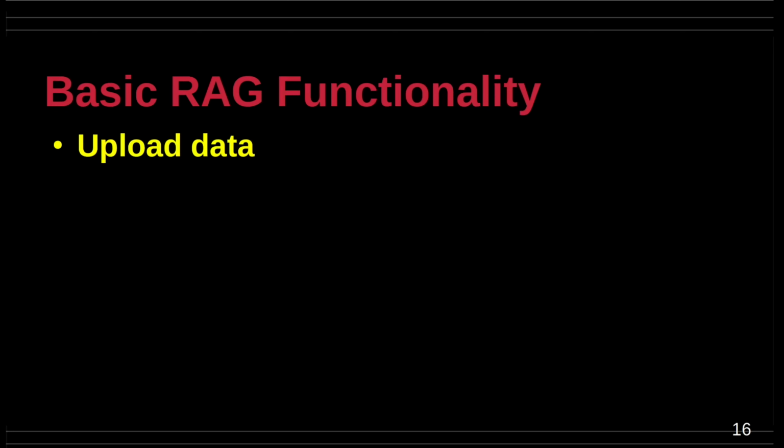The key sections in a basic RAG functionality are indexing or knowledge base creation. Here we have data loading. This involves ingesting data from various sources, documents, web pages, databases, etc. We have data processing, which is cleaning, normalizing, and formatting the data.